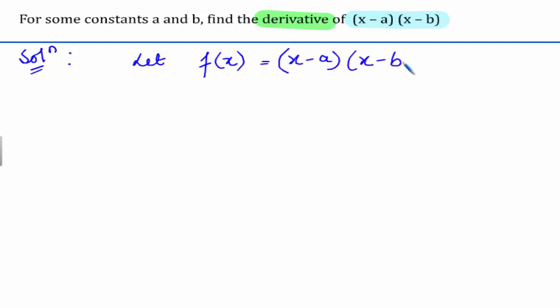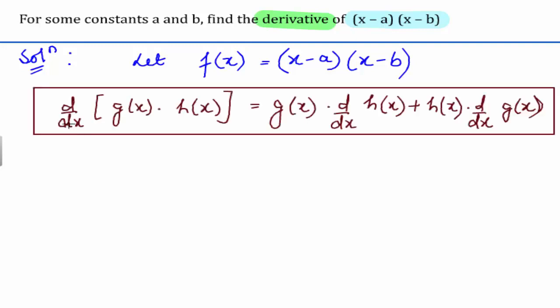Now we know that the derivative of the product of two functions is given by the product rule, that is the derivative of the second function times the first function plus the second function times the derivative of the first function. So let us now find out the derivative of f(x) with respect to x.